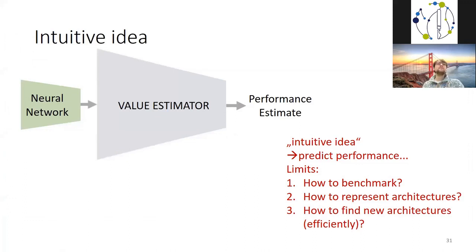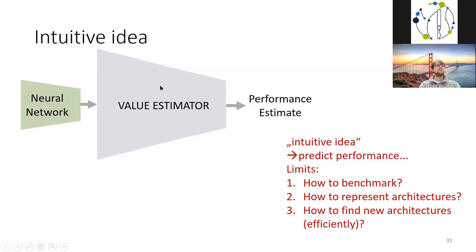So what could be an intuitive idea to improve this approach? Well, the intuitive idea is that we could have a neural network, and we could then use a description of a neural network. So this first neural network is the describing network of the kind of network we would want to use. And we could have a value estimator neural network that would predict the performance for such a network.